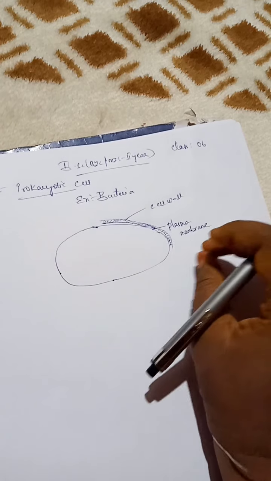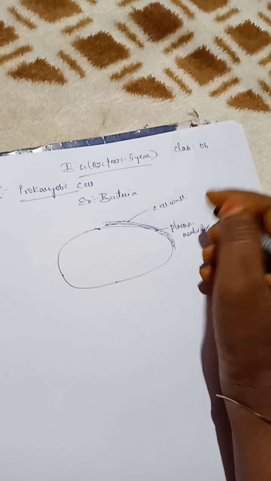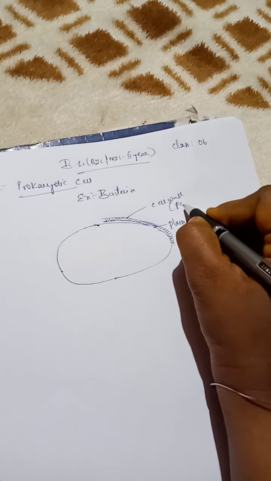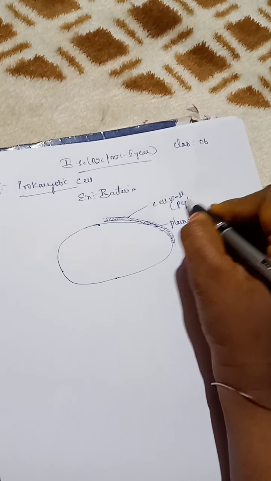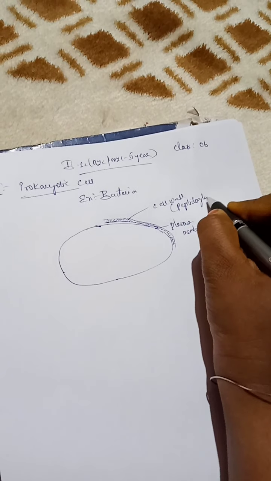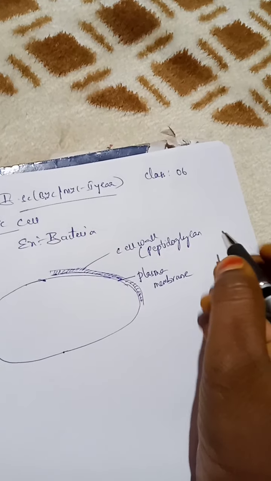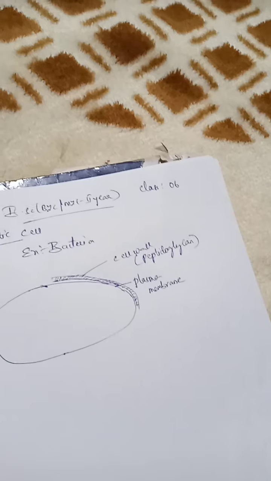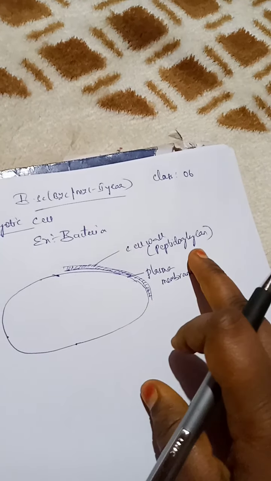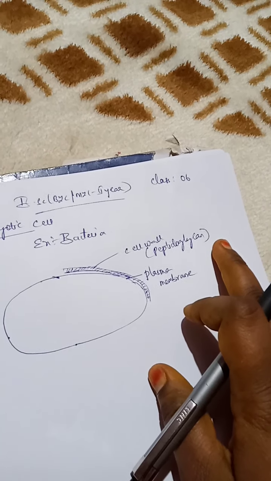This is the cell wall, which is present outward to the plasma membrane. The cell wall is made up of a substance called peptidoglycan. Can you see, girls?